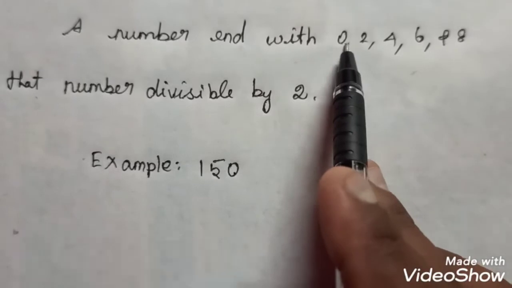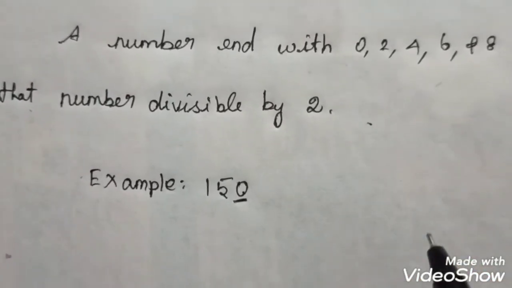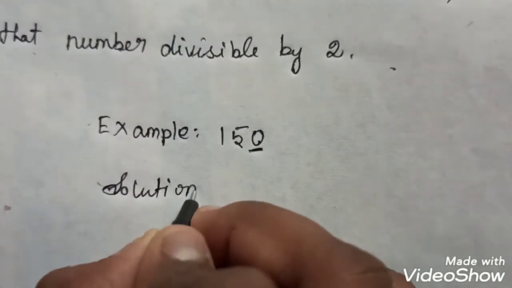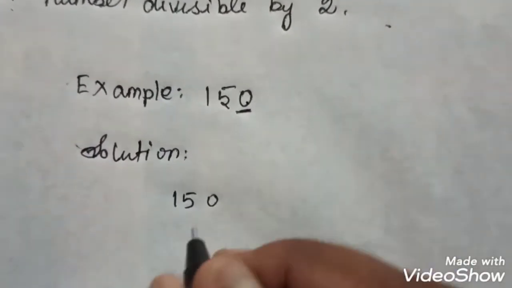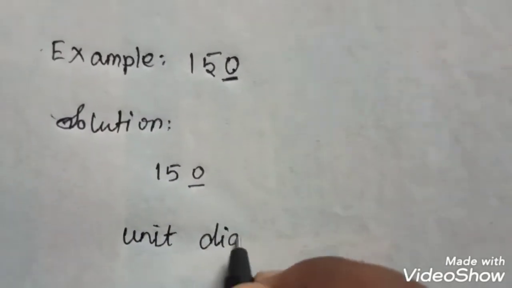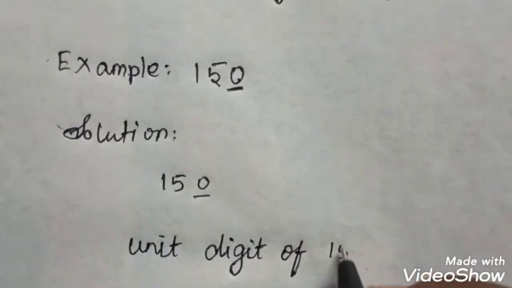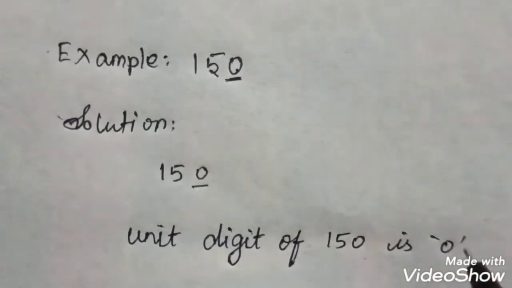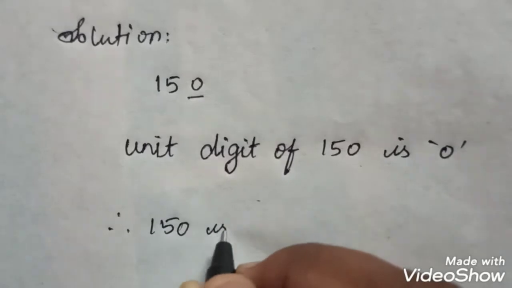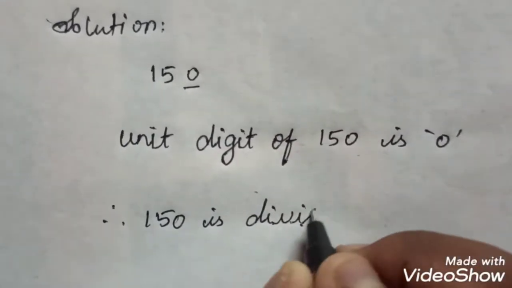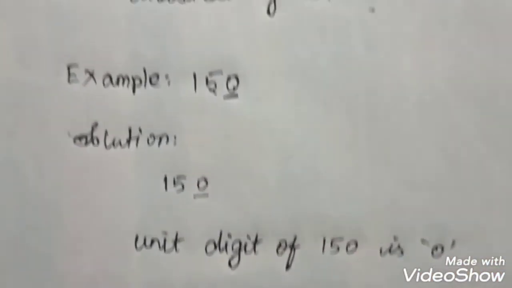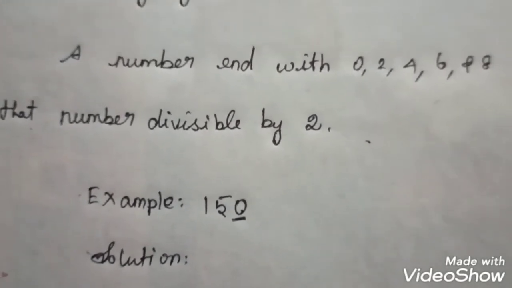In the solution we have to write: the unit digit of 150 is 0. Therefore, 150 is divisible by 2.